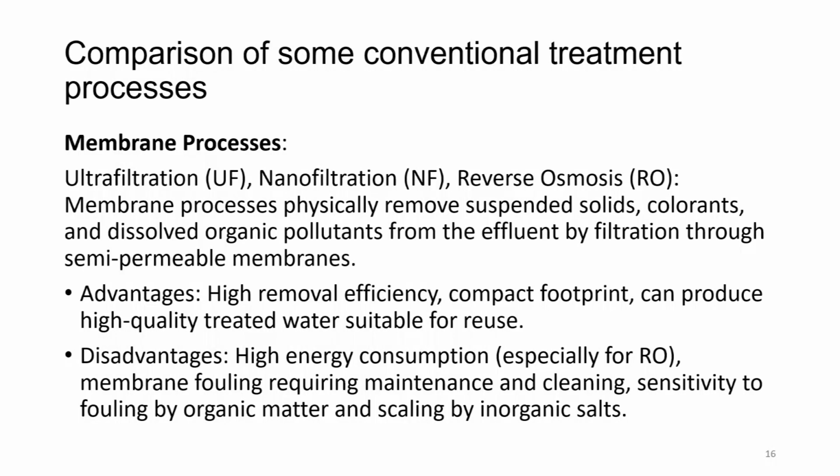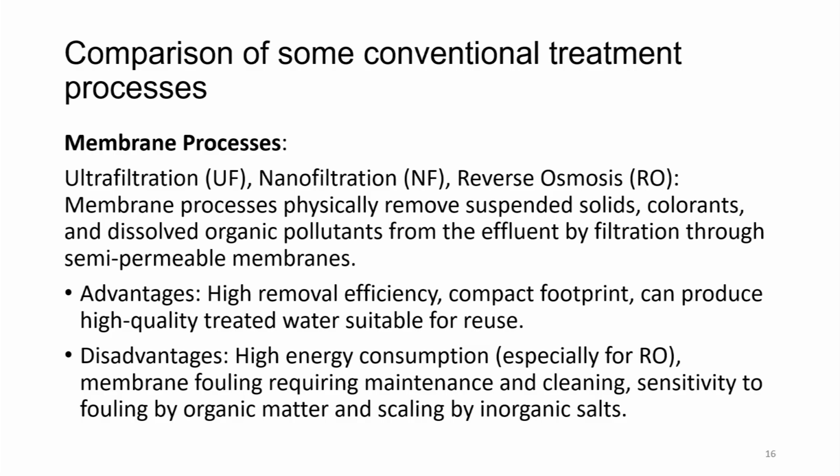Membrane processes: ultrafiltration, nanofiltration, reverse osmosis. Membrane processes physically remove suspended solids, colorants and dissolved organic pollutants from the effluent by filtration through semi-permeable membrane. So, this is the fundamental of that. Now, the advantages are high removal efficiency, compact footprint, and they can produce high quality treated water suitable for reuse.